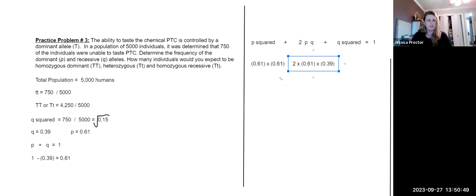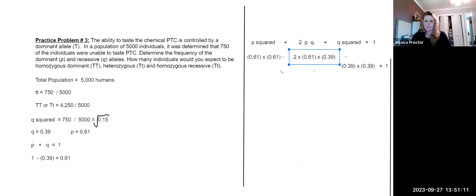And then our last part of the equation, the Q squared. So we're taking the value of Q, and we're multiplying by the value of Q. So 0.39, and then we're multiplying by 0.39. Okay, and then hopefully that's going to get us all the way back to 1. All right, and my advice is always line up your equation just like this. That way you won't get confused accidentally.